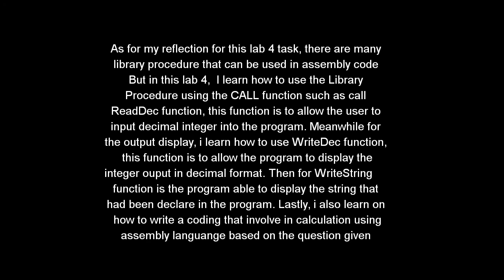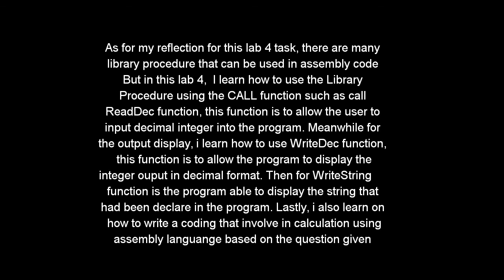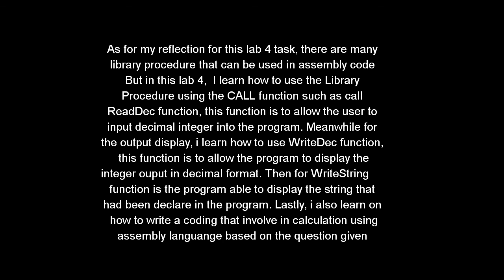Meanwhile, for the output display, I learned how to use the WriteDec function. This function allows the program to display the integer output in decimal format. Then the WriteString function enables the program to display the string that has been declared in the program.